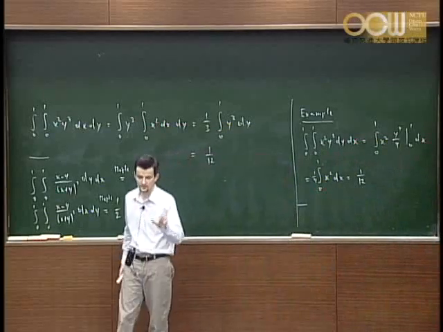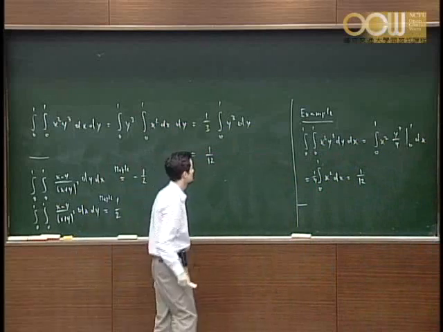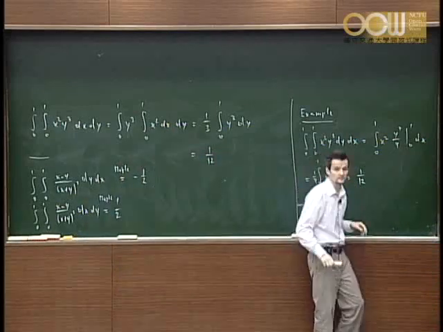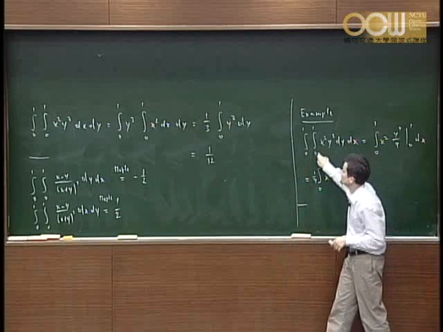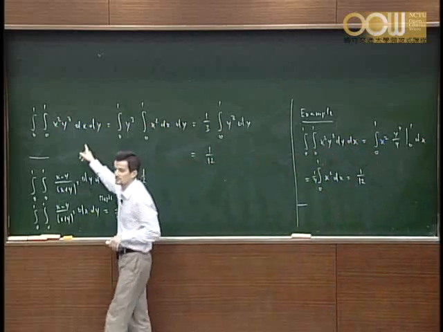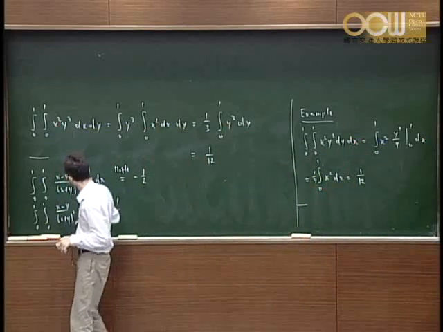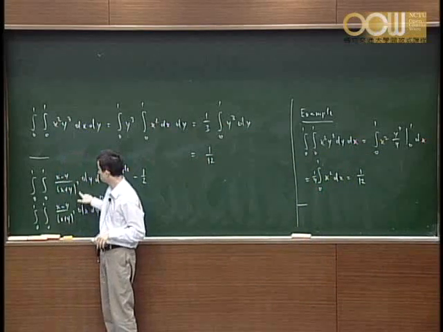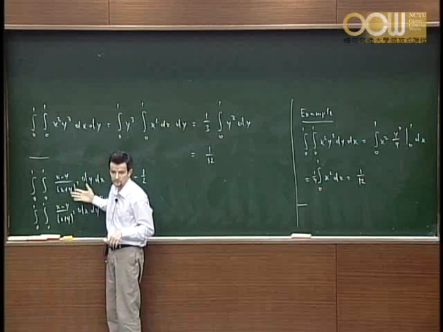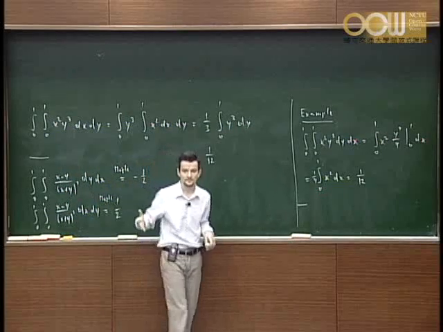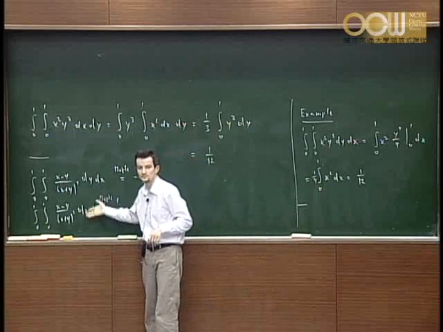Namely, whenever f is a continuous function, it doesn't matter whether you compute this iterated integral or this one, you will always get the same result. We see also where the problem is here, because this function is not continuous at 0, because it is not defined. But still, the integral exists here.